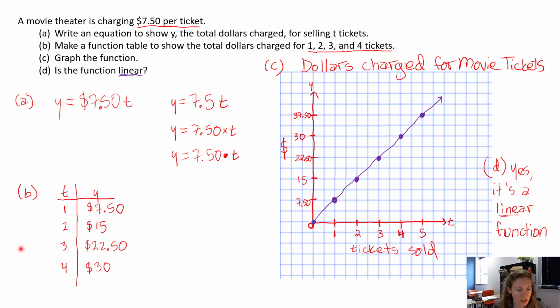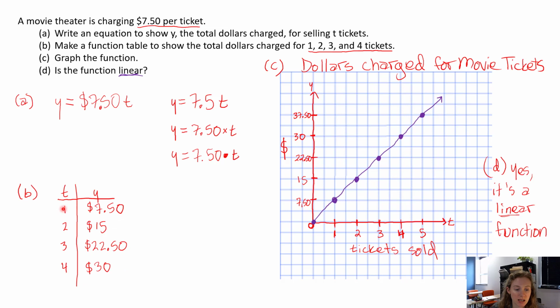And we can also tell this by looking at our table, right? If we think back to the very beginning of when we talked about linear functions, they have a constant rate of change, right? That's what makes it linear. And so looking at our table, we see that there is a constant rate of change. Each time our tickets go up by 1, we see the same change happen each time with our price.